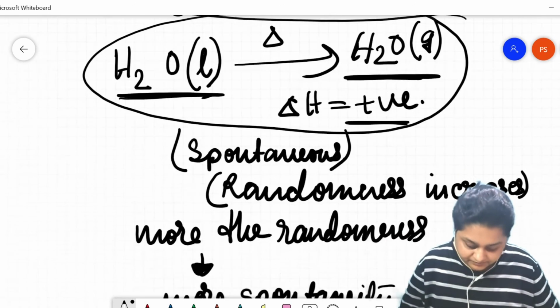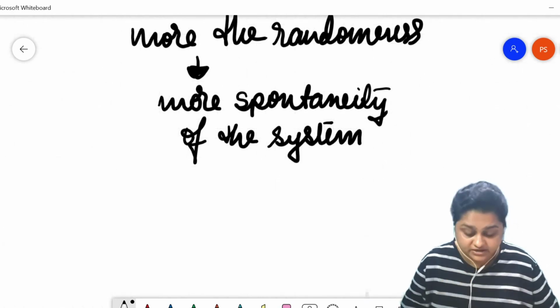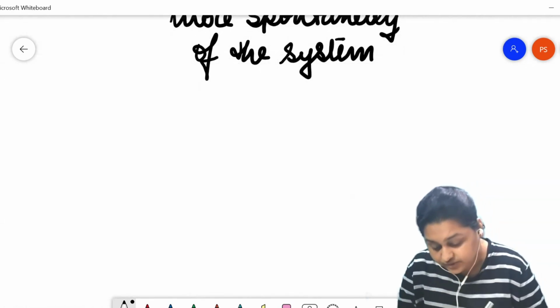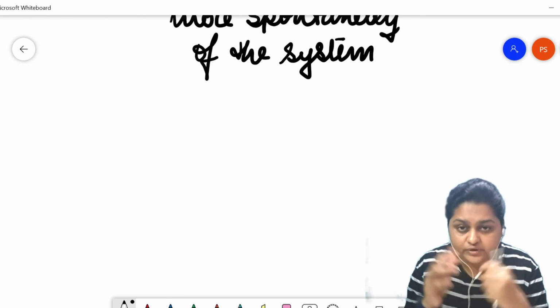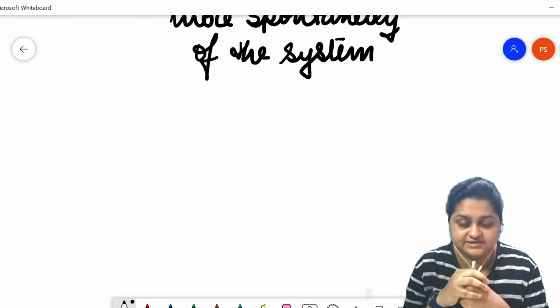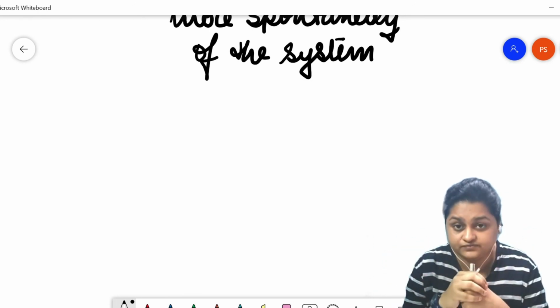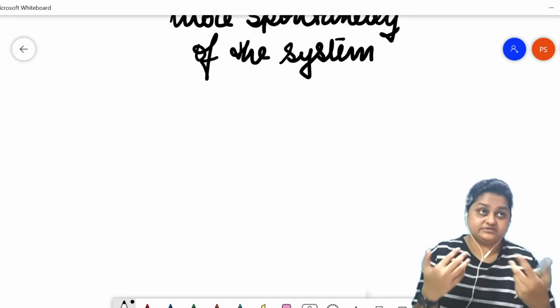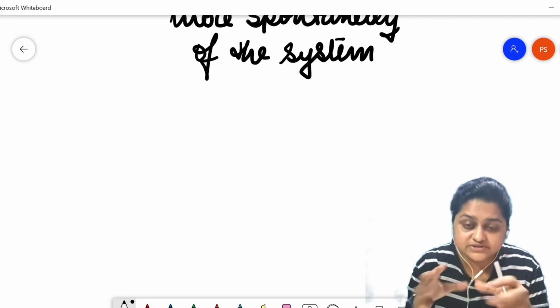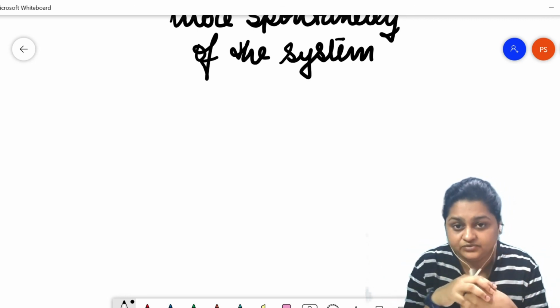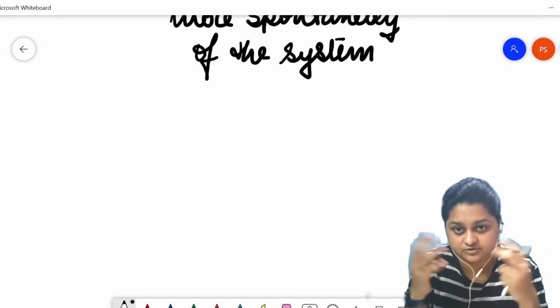But there is another example. We know that when cloud gets heavy, we see rain falling. The process behind the rain falling is that water molecule in its gaseous state form clouds.